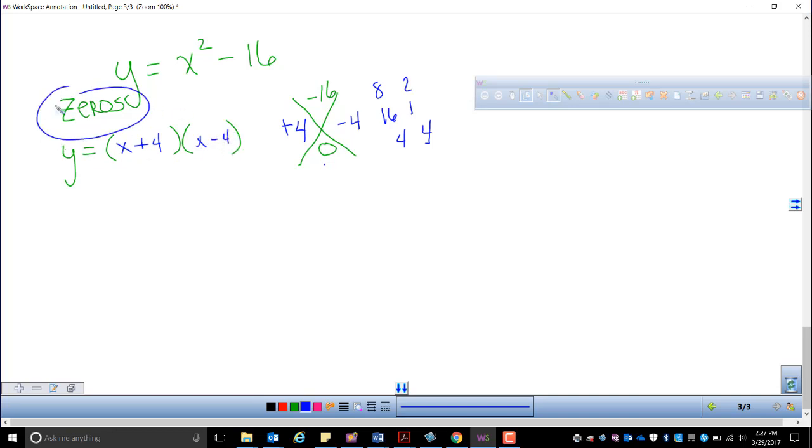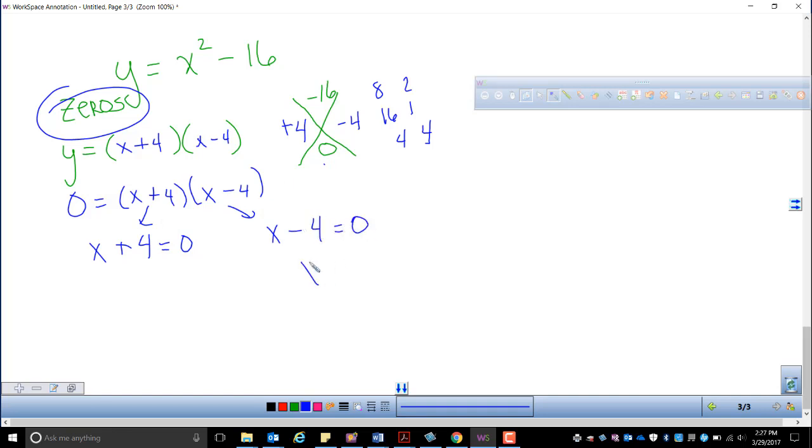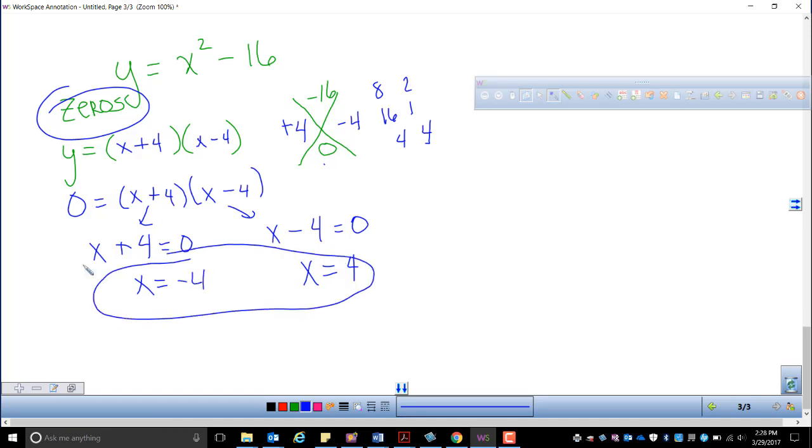And then we're finding the zeros. So 0 equals x plus 4 times x minus 4. And then we set each one equal to 0 by itself. So there's this one, and then this one, x minus 4 equals 0. So this one we get positive 4, and this one we get negative 4. So these are your zeros. That's your answer for today.